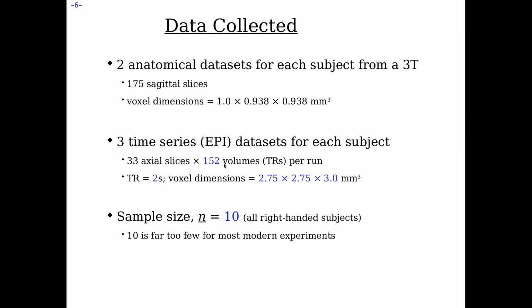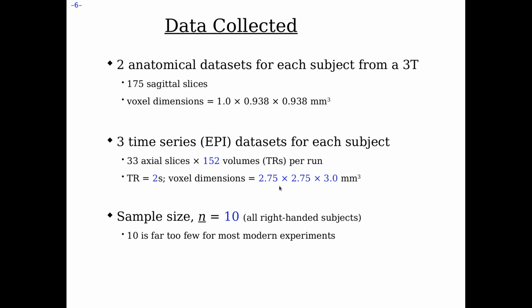That's only 4 seconds worth. Usually you drop at least 7, maybe 10 or 12. In this case, we didn't get any pre-steady state data, so we kind of faked it, so we only faked 2 volumes. That's good enough. So the TR here is 2 seconds. That's why I said the 2 volumes was 4 seconds of data.